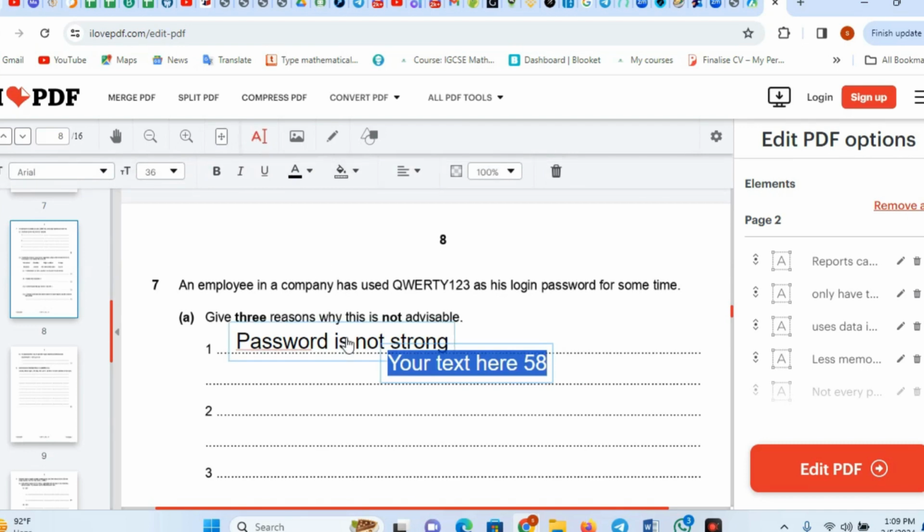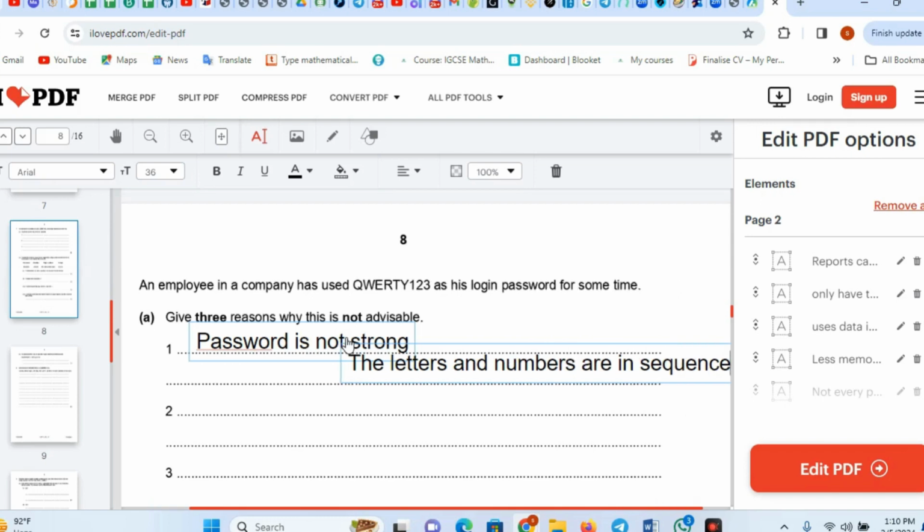2, the letters and numbers are in sequence on the keyboard. That is, if you look at the way your keyboard is arranged, it is in sequence. You can just press QWERTY, then you put the 1, 2, 3. So the letters and numbers are in sequence on the what?